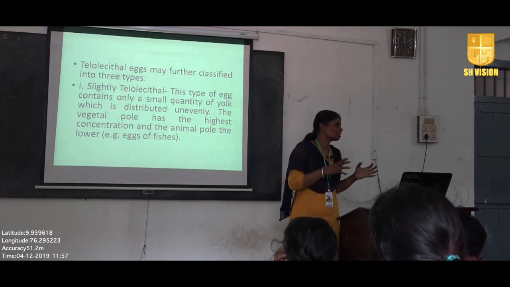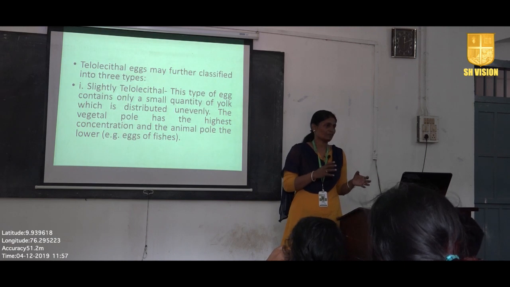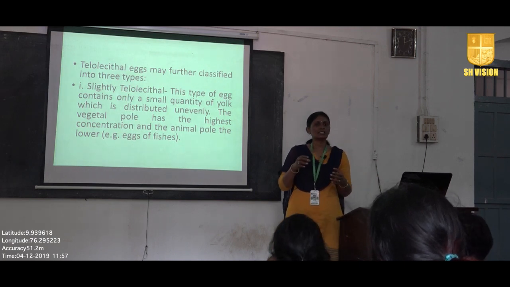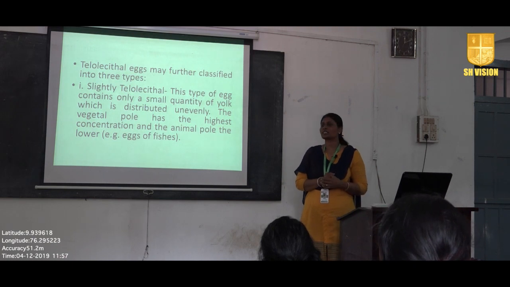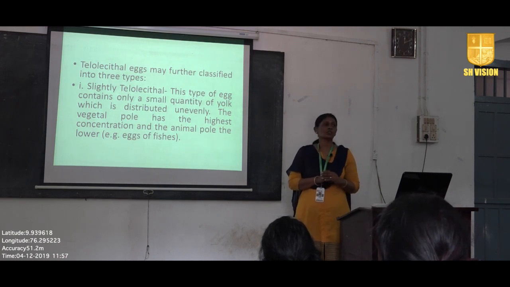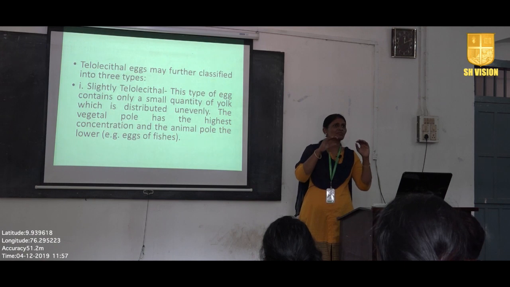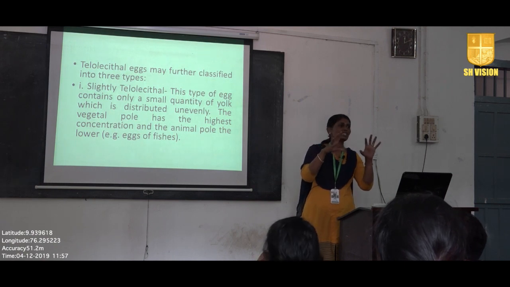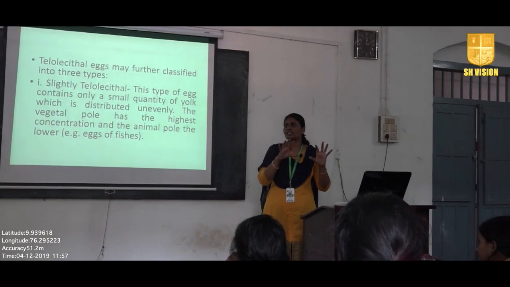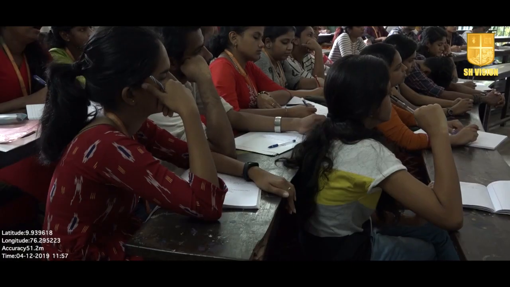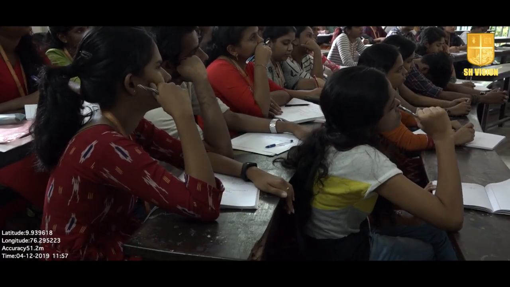The vegetal pole is being considered as tail. That is why we are saying it as telolecythal. It's slightly telolecythal in eggs of fish, where the cytoplasm towards the animal pole is clear and you have a very little yolk which is placed towards the vegetal pole.